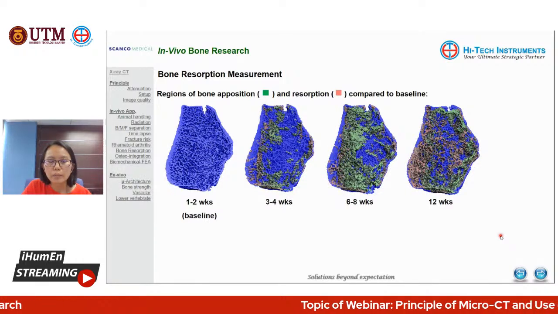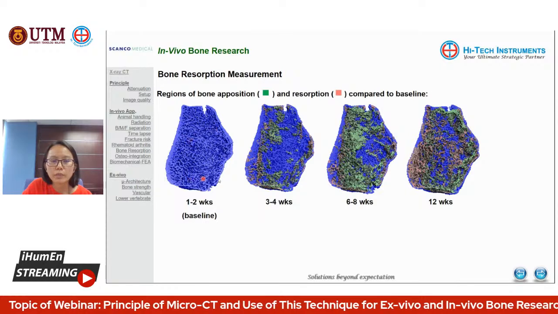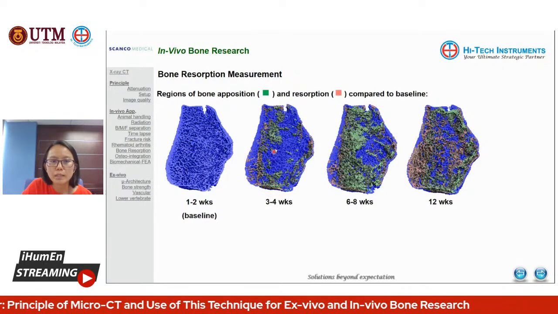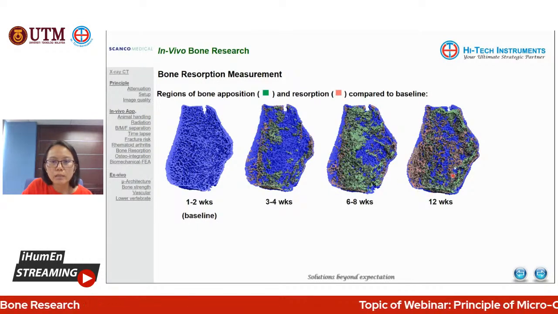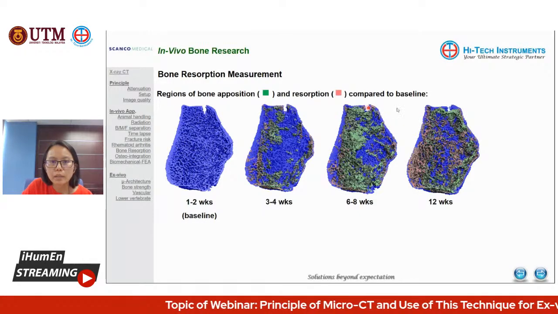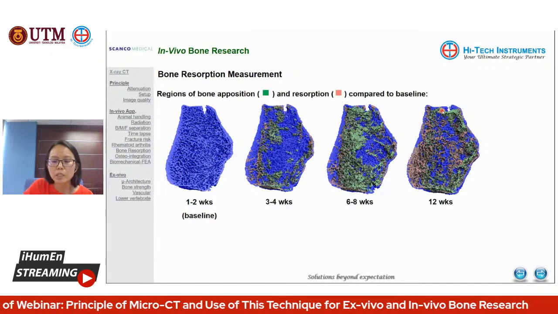So this is another example that you can see here. This is the baseline that you capture in week 1. After 1 week, you can see there is a green color, which is the apposition, the new bone, and the pink color, which is the bone resorption. So by the end of 12 weeks, you can see that the gap here is being filled by the new bone, the bone apposition here.